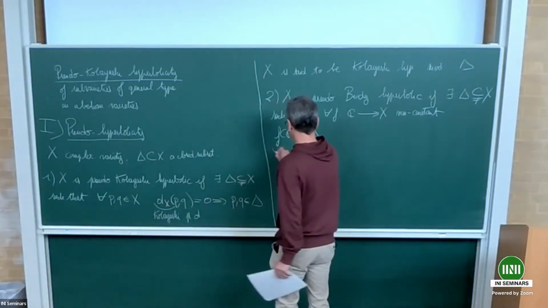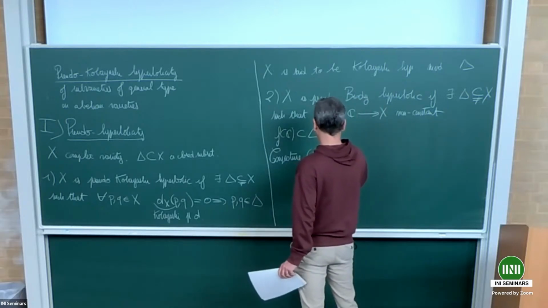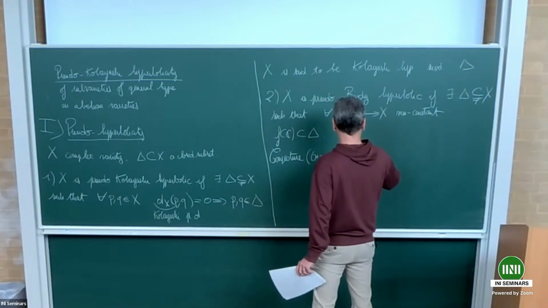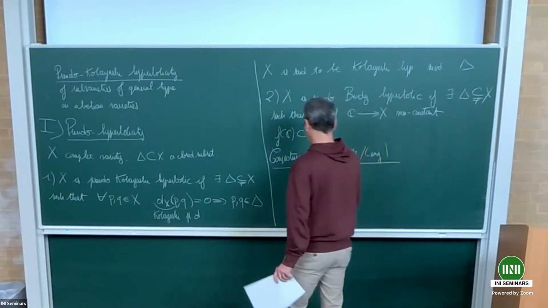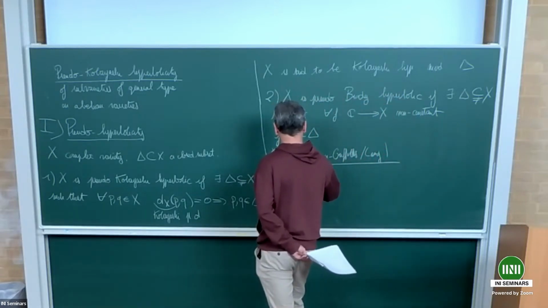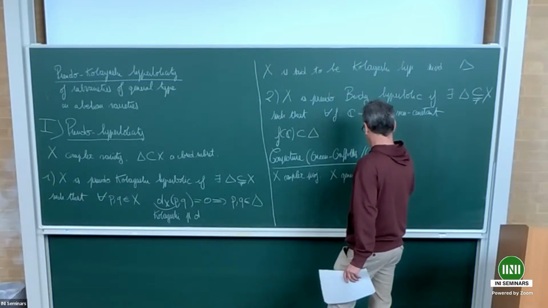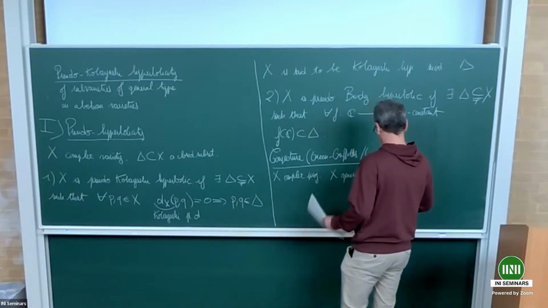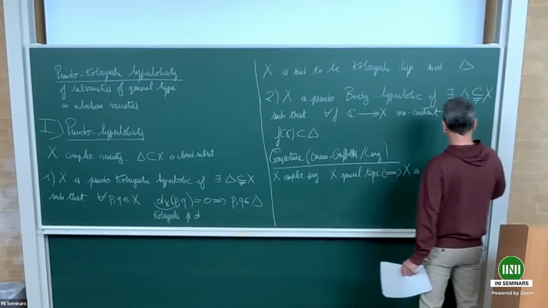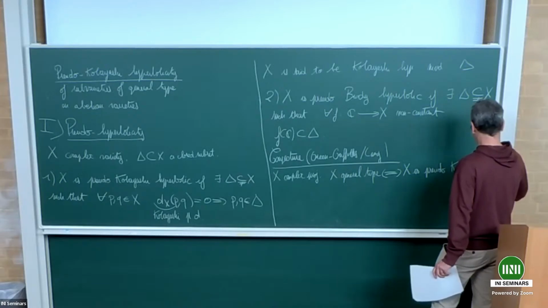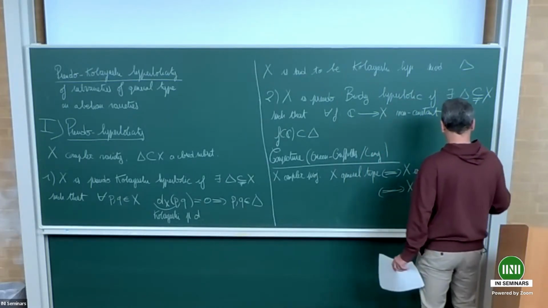So this is why these are the good notions for the Green-Griffiths-Lang conjecture, which can be summarized: X, let's say a complex projective, then X is of general type if and only if X is pseudo Kobayashi hyperbolic, if and only if X is pseudo Brody hyperbolic.